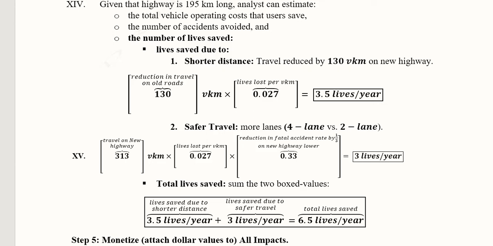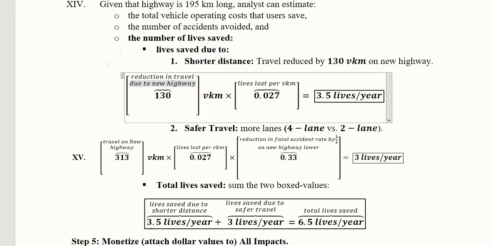It means that this is the reduction in the travel, and the lives that are saved per vehicle kilometer is 0.027. This is empirical evidence which is already available, so we can use this. Now multiplying these will give us the number of lives saved per year, because these are annual estimates.